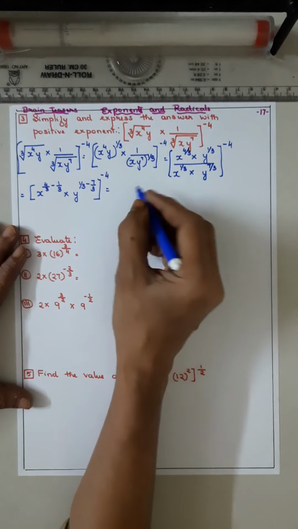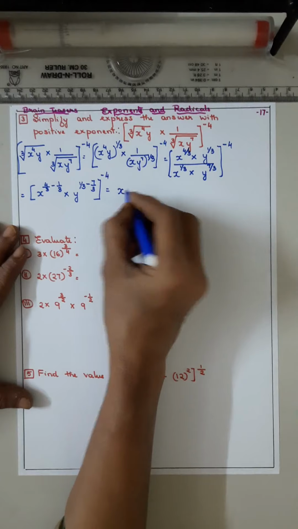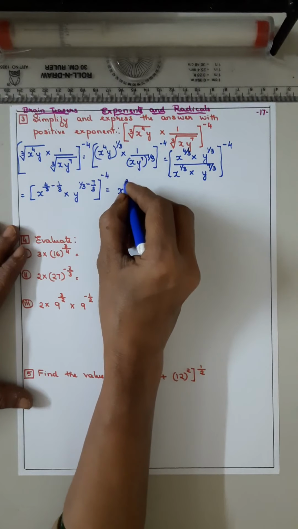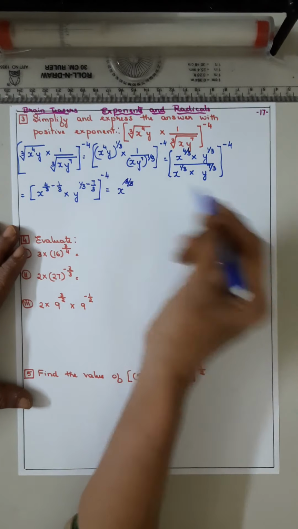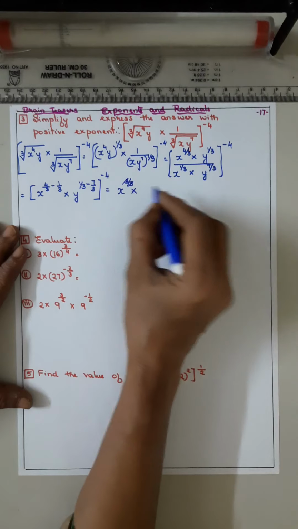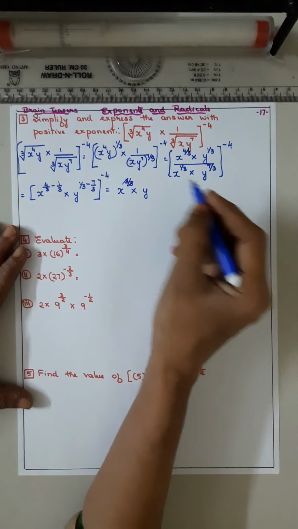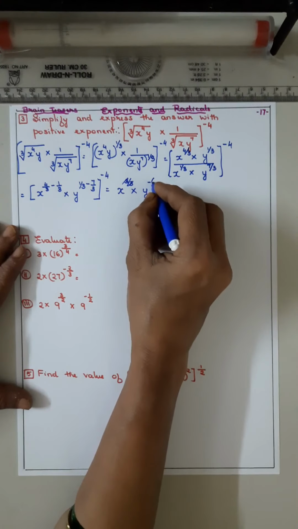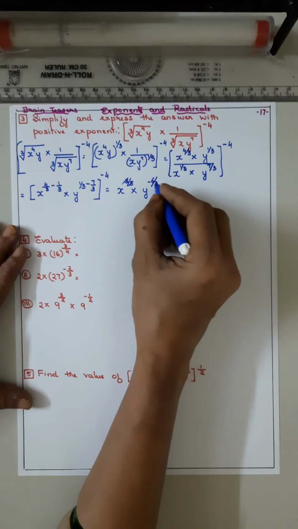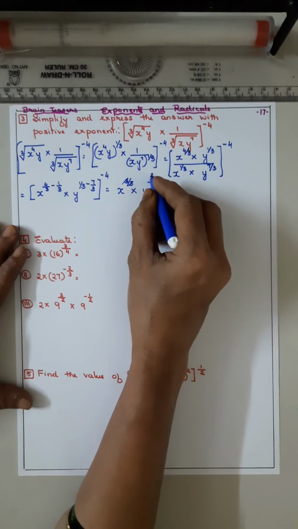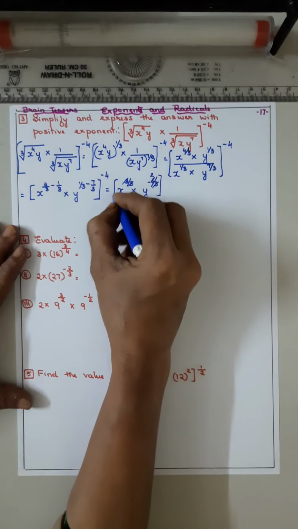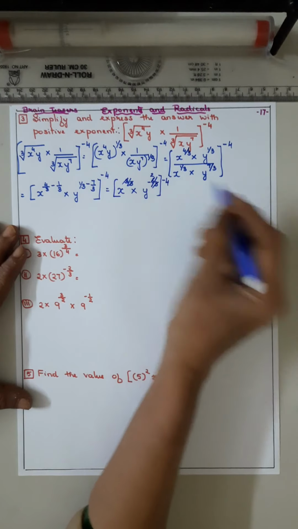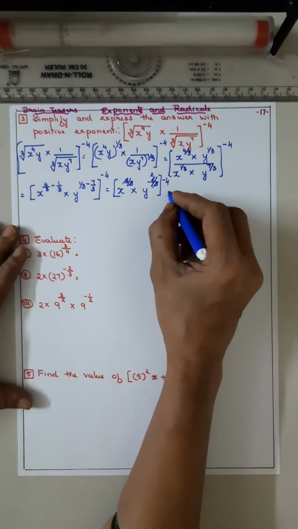Okay, now it became x to the power 4 minus 1 is 3 by 3. This 3 gets cancelled. y to the power 1 minus 7 becomes minus 6 by 3. Now 3 ones are 3, 3 twos are 6, and the whole raised to minus 4.